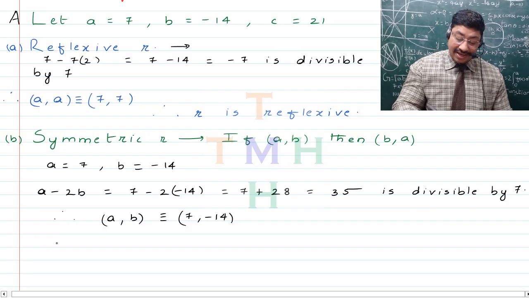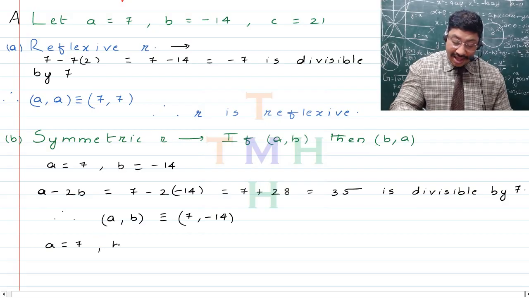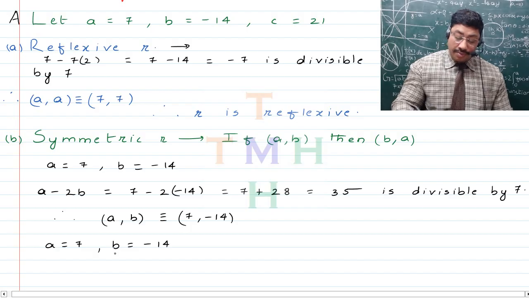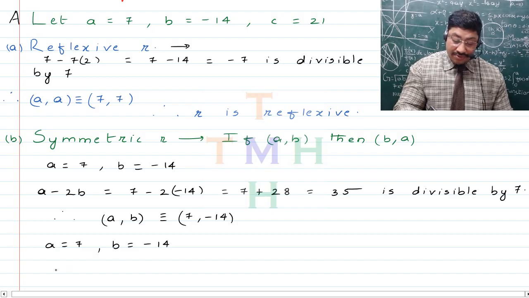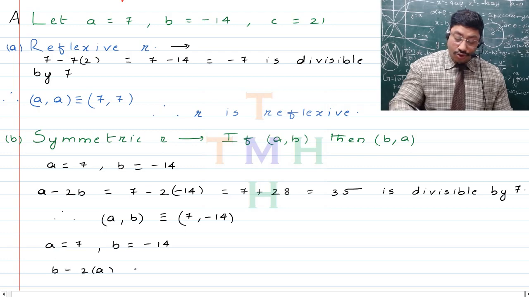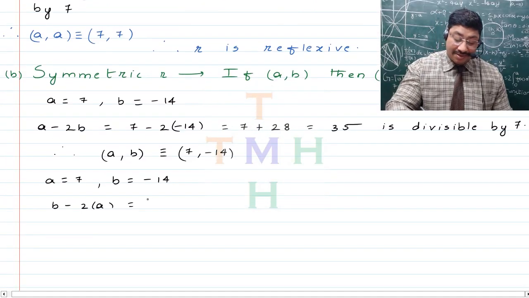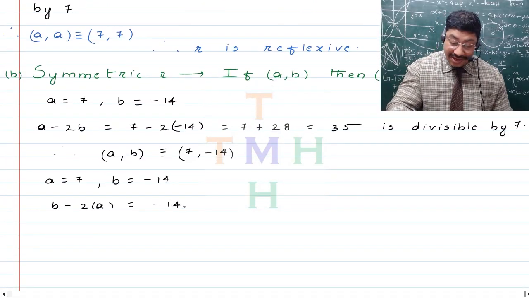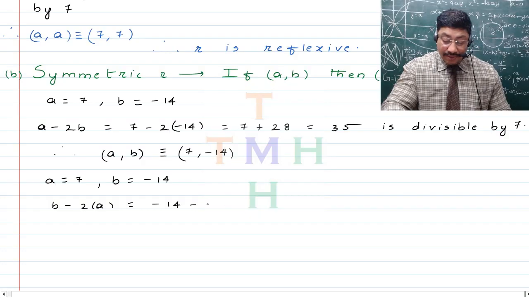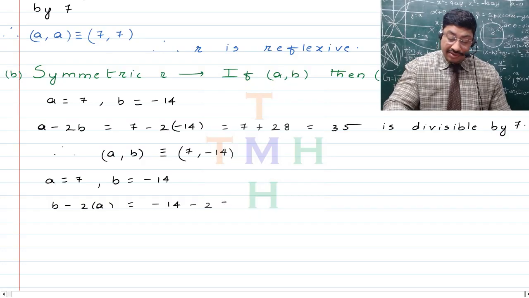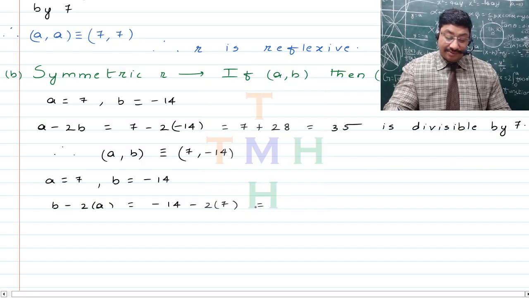For that we again have our a, which is 7, and we have our b, which is equal to minus 14. Now what we've got to check is whether b minus 2 times a also gives us a number which is divisible by 7. So for that we keep the value of b, which is minus 14, and from that we subtract 2 times 7, which is the value of a.